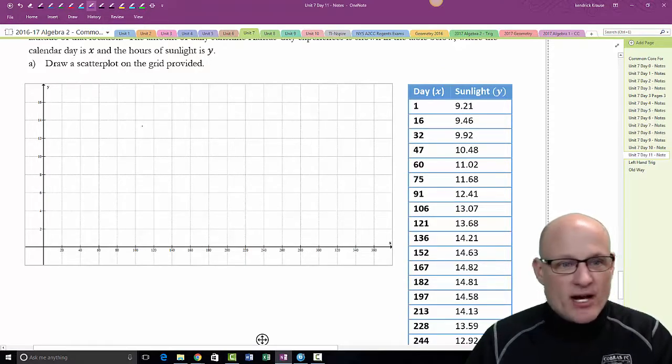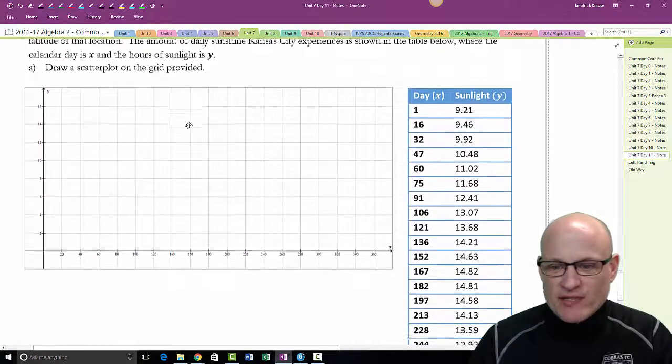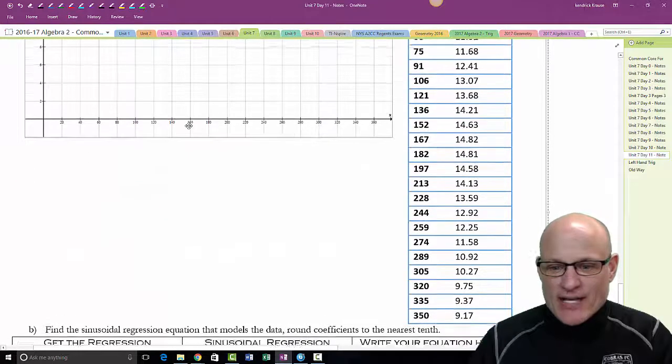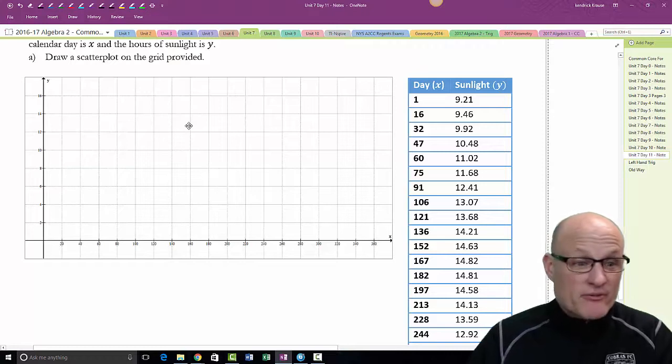At day one, now they should probably tell us what day one actually represents. But since there's very little light at day one, I'm going to guess day one might be January 1st. So day one, we're at 9 hours of sunlight.